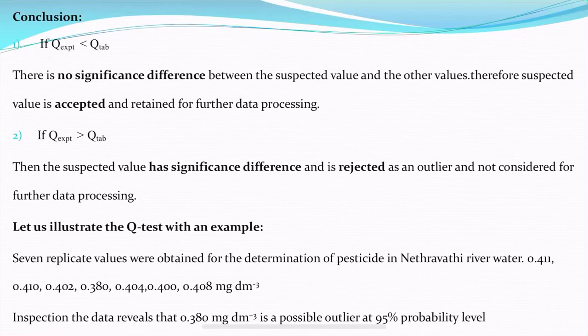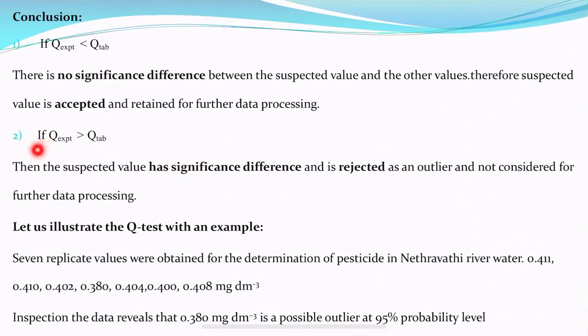One is that Q experimental is lesser than Q tab, or the second is that Q experimental is greater than Q tab. If it is in the first condition, there is no significant difference between the suspected value and the other values. Therefore, we accept the suspected value and retain it for further data processing.